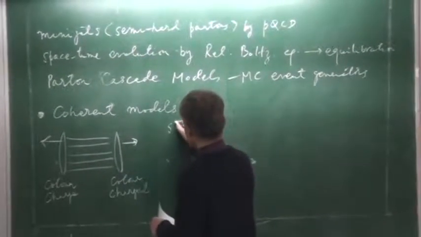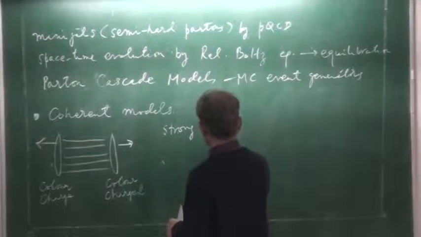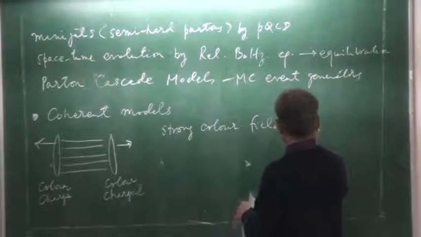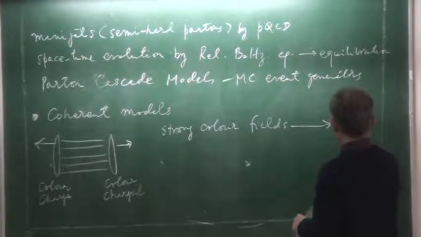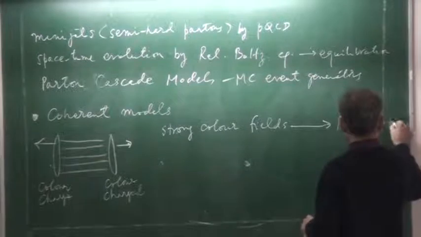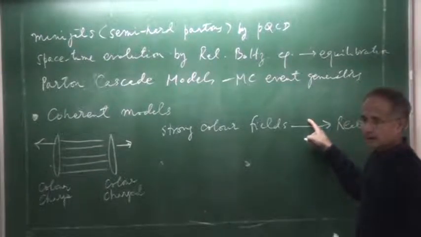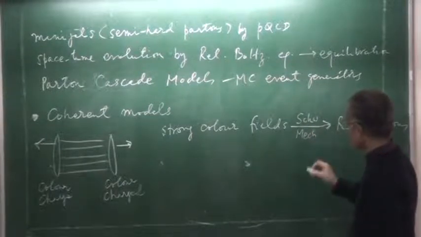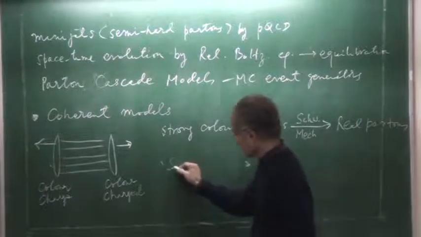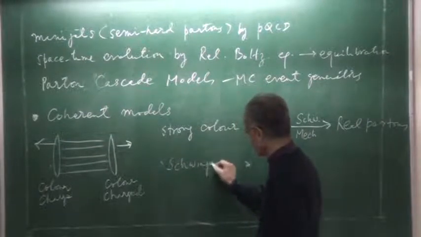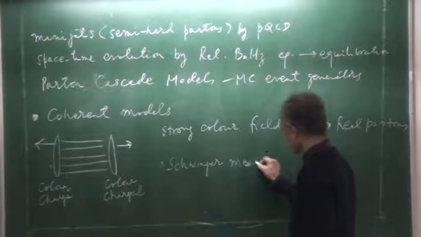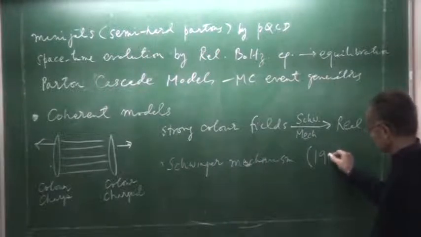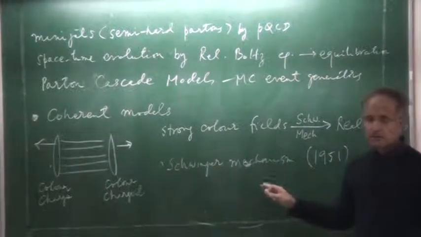The strong color fields decay, and that happens by what is called the Schwinger mechanism. Let me say a few words about the Schwinger mechanism. Schwinger proposed this not in the context of QCD, but in the context of QED.